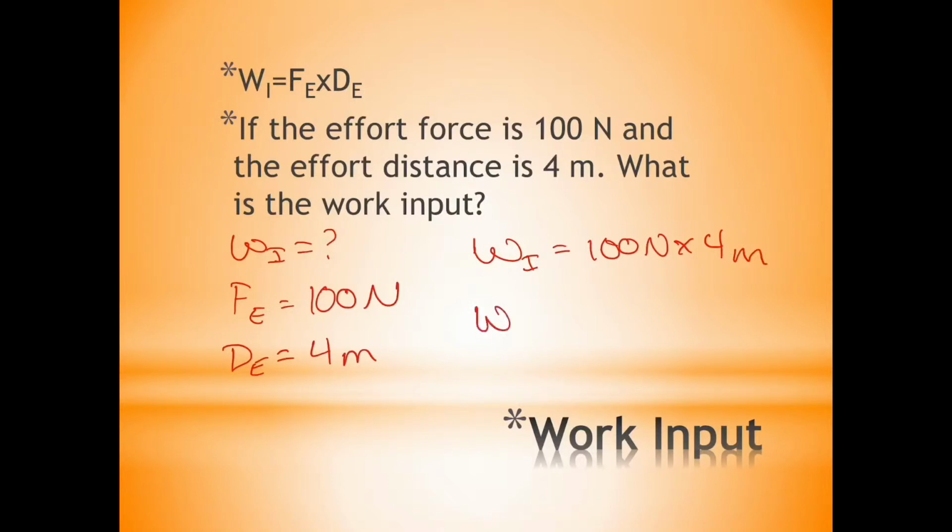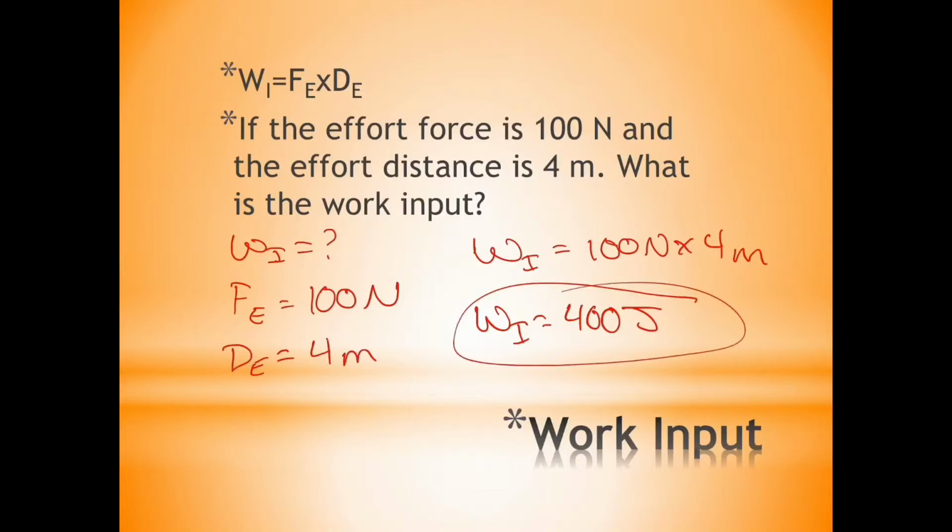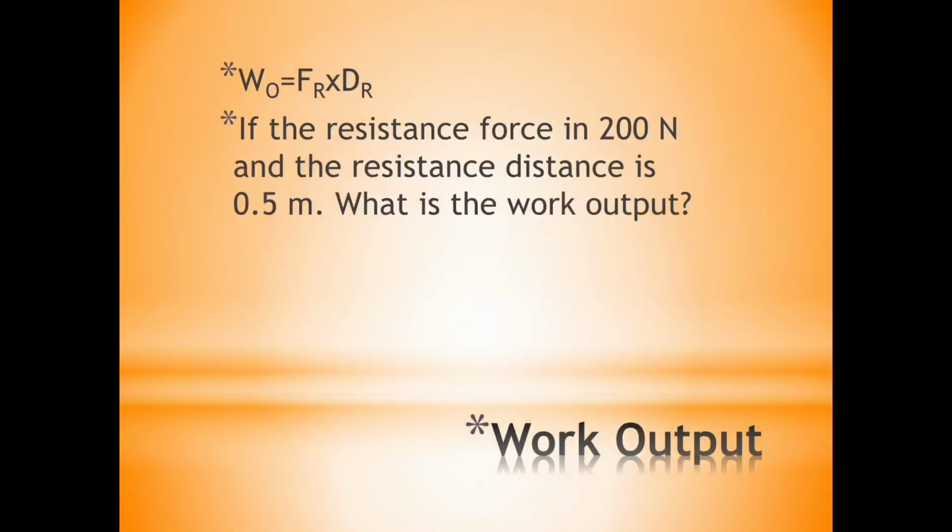So then you're going to take 100 times 4, and you should end up with 400, and your unit is going to be joules because this is work. And remember, we always label work in joules. So to calculate work input, you need effort force and effort distance to come up with the answer.